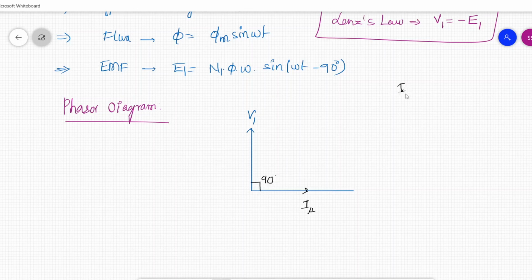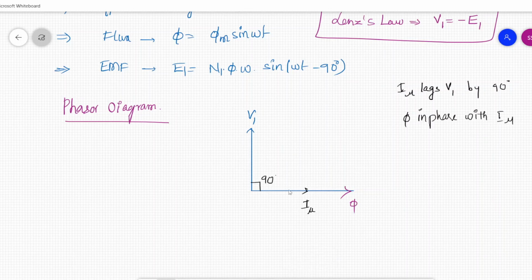So here I mu lags V1 by 90 degrees, right? And flux will be in phase with I mu. That means here we are going to get the flux. This is the flux being produced in the core material.